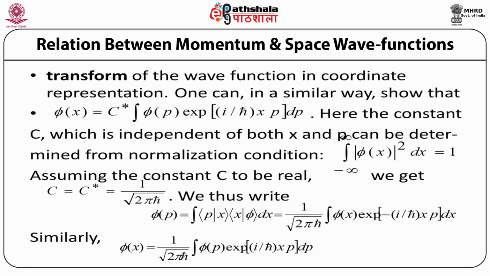So we can write the wave function in the momentum representation as phi(p) is equal to integration over dx bra vector p ket vector x bra vector x ket vector phi, which is equal to 1 upon root 2 pi h-cross integration over dx phi(x) exponential to the power minus i/h-cross xp.